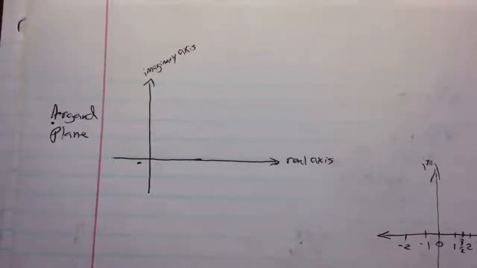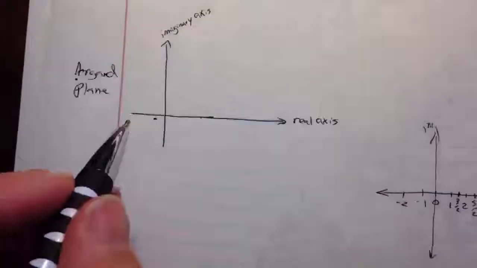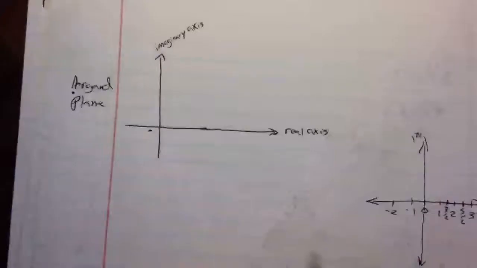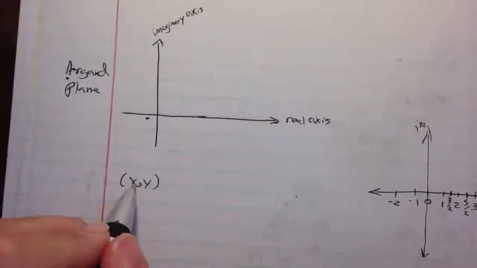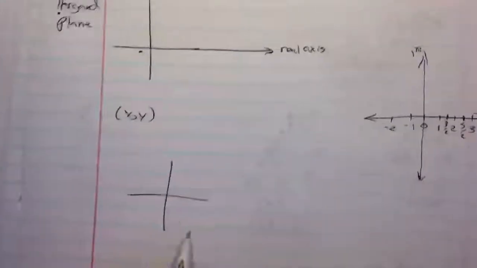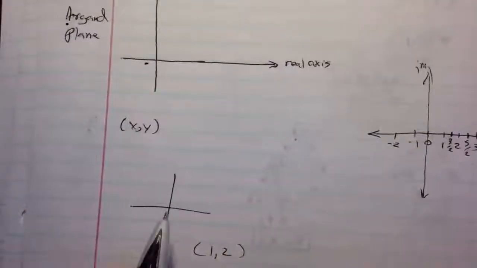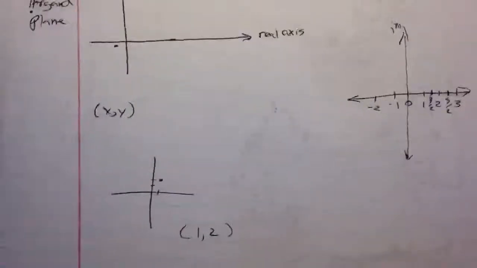Now, as far as the application, this is a really simple concept. You know how on a regular Cartesian plane, you have an x and a y coordinate, and if I said graph the point 1, 2, go right 1, up 2, and voila, there you are.